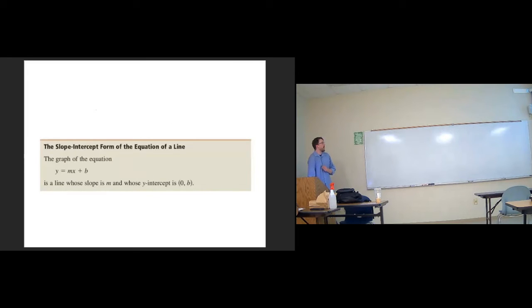So having said that, a line that's in slope-intercept form is written as y is equal to mx plus b. So m here is going to represent the slope, and b is going to be the y-intercept. Why is that? Pun intended. It is because when we're talking about the y-intercept, what we're talking about is when x is equal to 0, right?